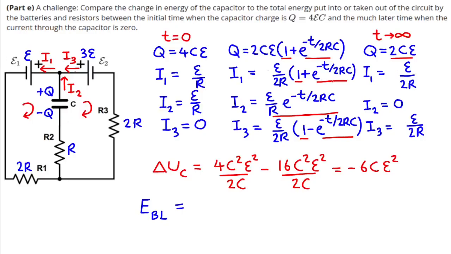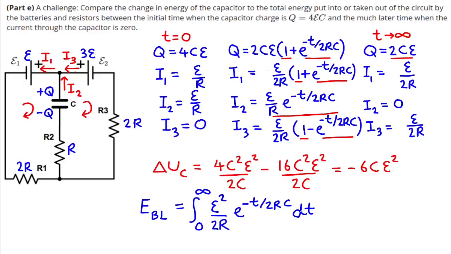So what we have is the power being the current through the battery by the electromotive force. So we have E squared on 2R, and we only consider the transient term, so we have e to the minus t on 2RC, and the power is the rate of work, so we integrate this from time 0 to time infinity to obtain the total energy of the battery.